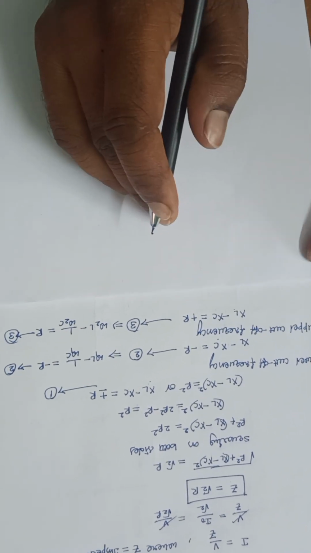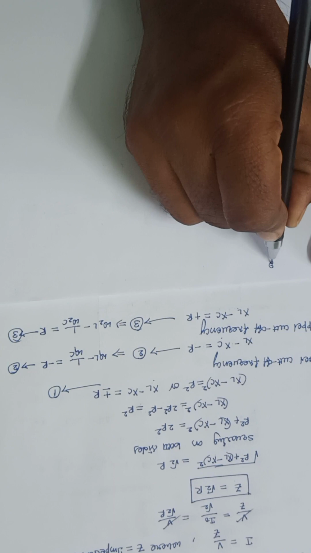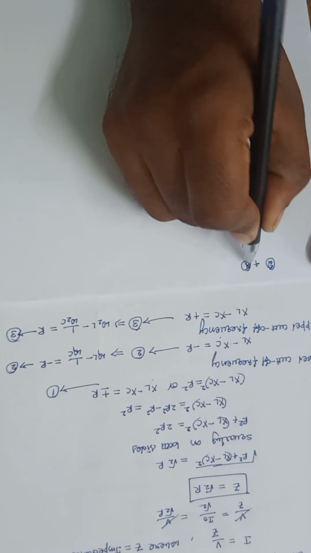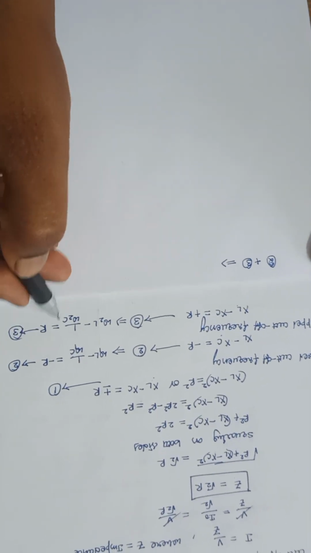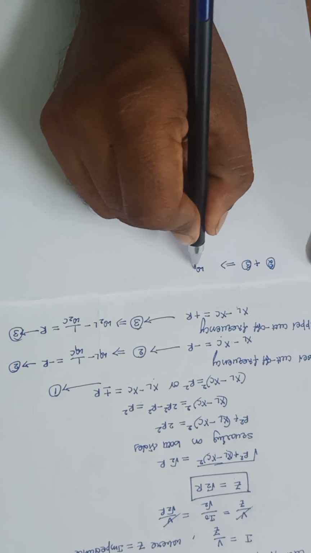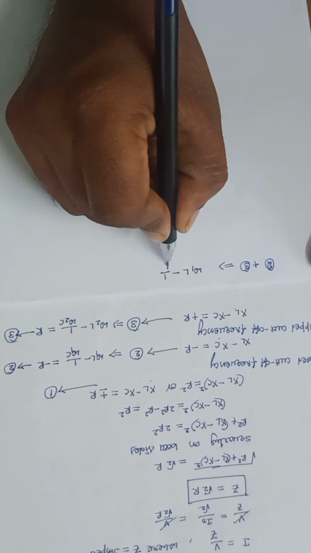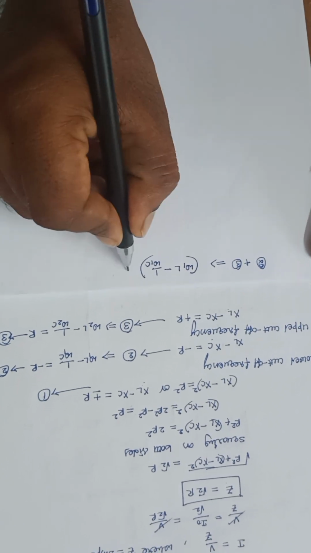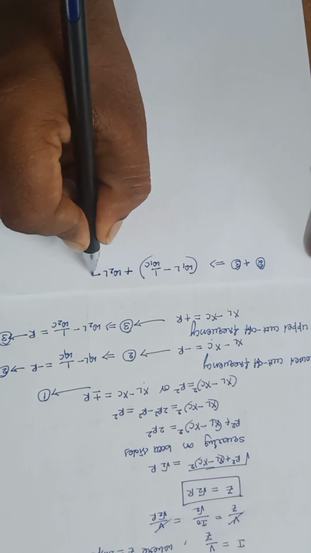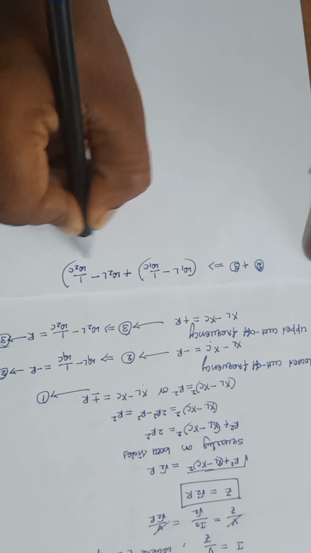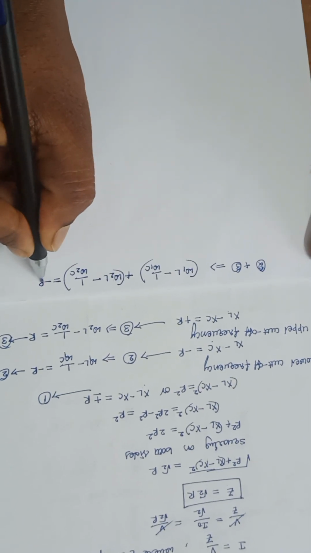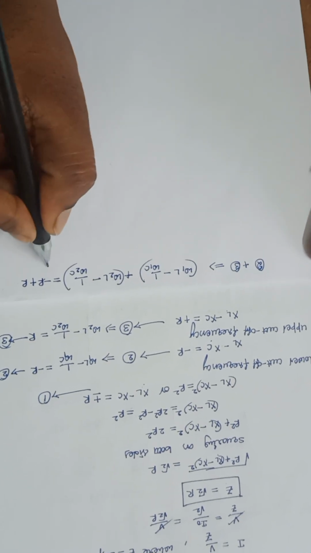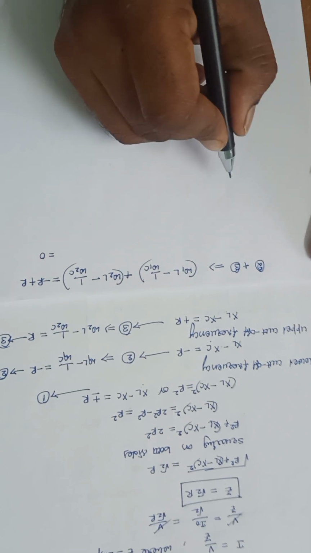So equation 2 plus equation 3 implies, I am just adding these two equations. Omega 1 L minus 1 by omega 1 C plus omega 2 L minus 1 by omega 2 C, that is equal to minus R plus R. Both will get cancelled here, so this is equal to 0.